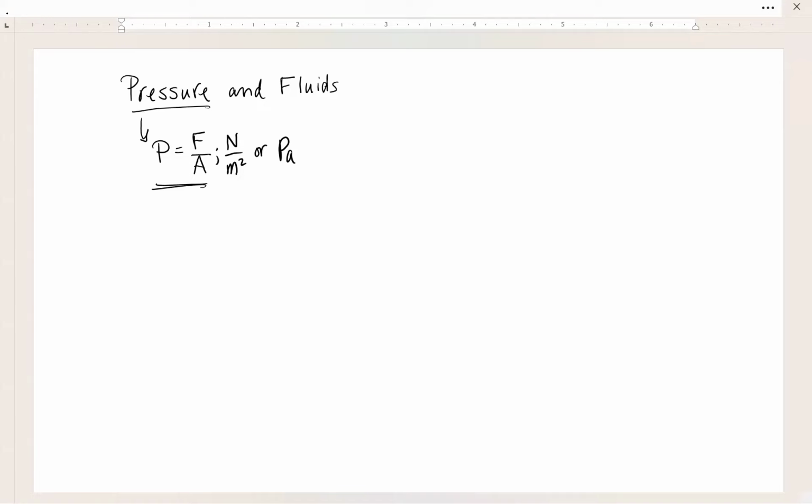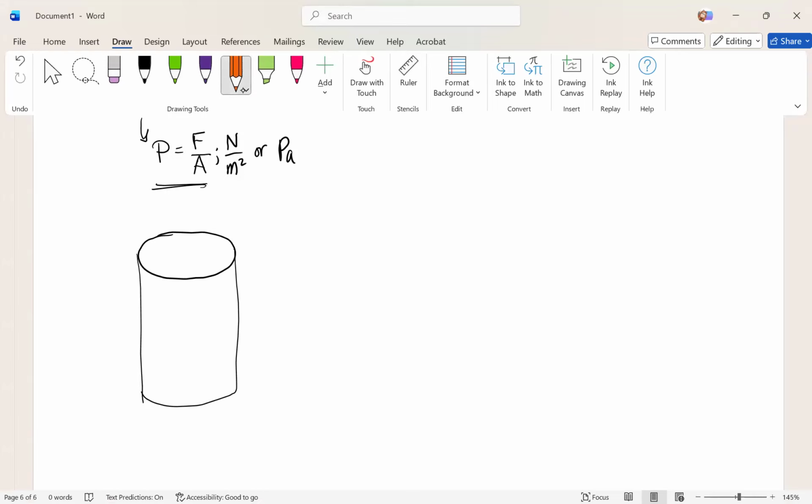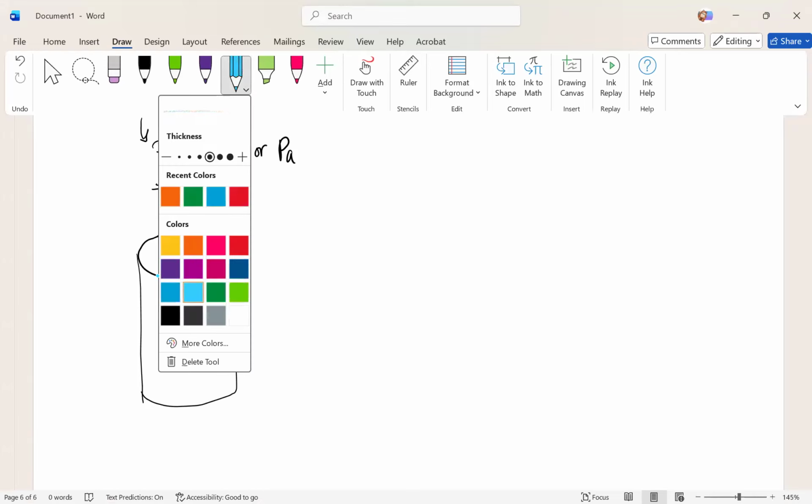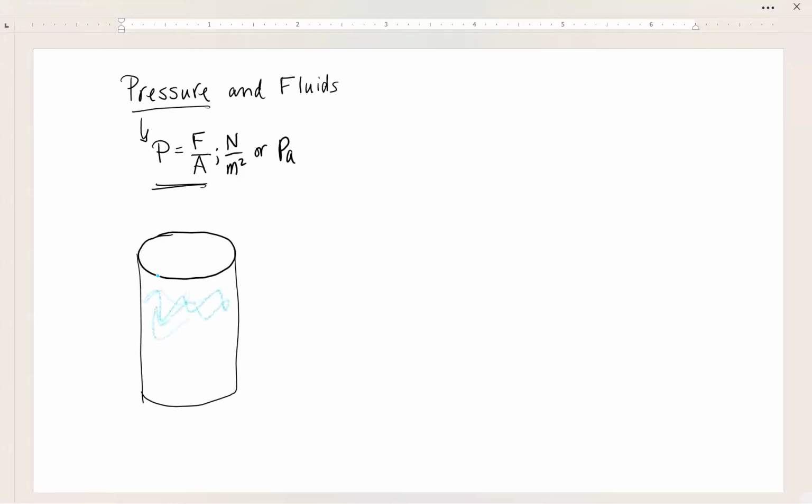So let's talk about what happens if I'm in a fluid, something like this. And let's give me some light blue fluid here. Doesn't have to be water. It can be oil. It can be alcohol. It can be almost anything.